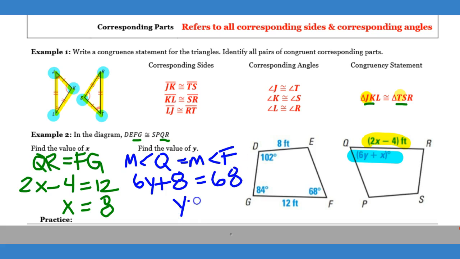So then y must be 10. So that's how I use my congruent parts to find the values of x and y.